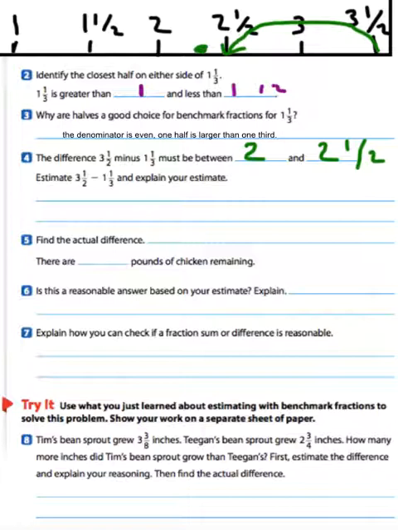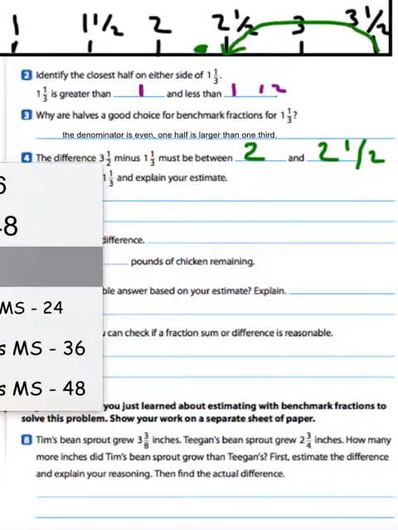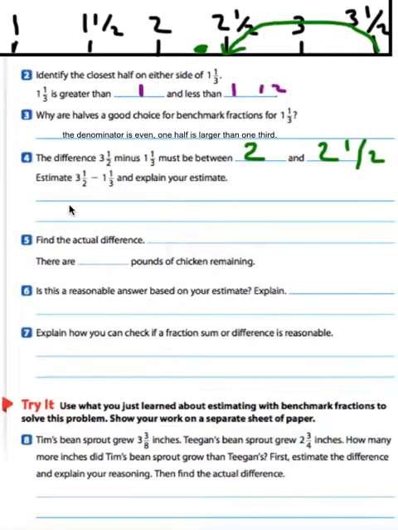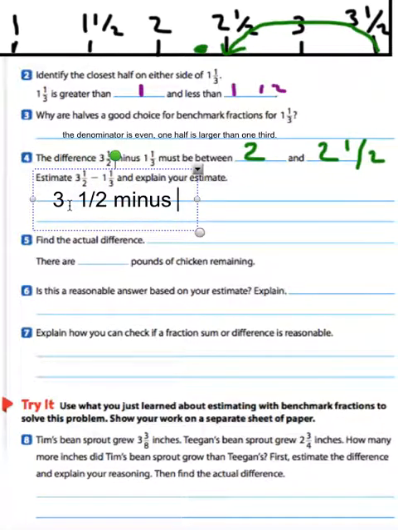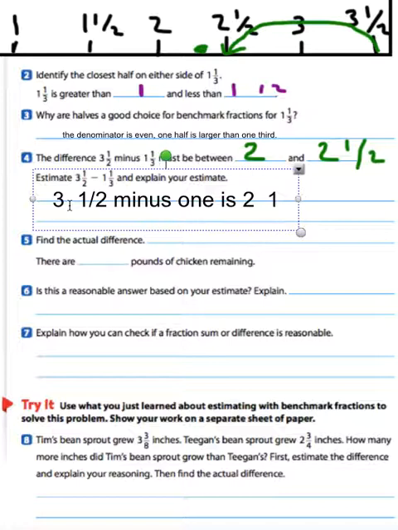And then we're going to have to explain our answer. How would we put that? Something along the lines of 3 1/2 minus 1 is 2 1/2.